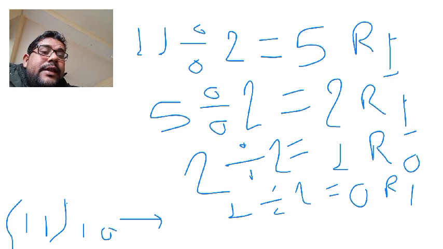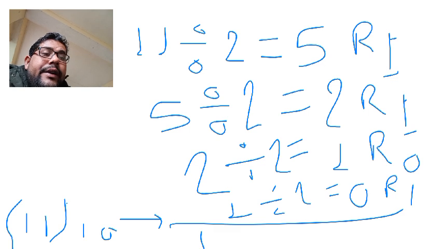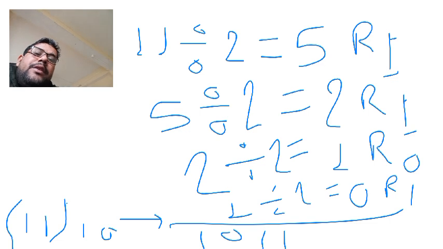So the first digit we write from here is 1, then again 0, then again 1, again 1. So this is how to convert a decimal number to binary.